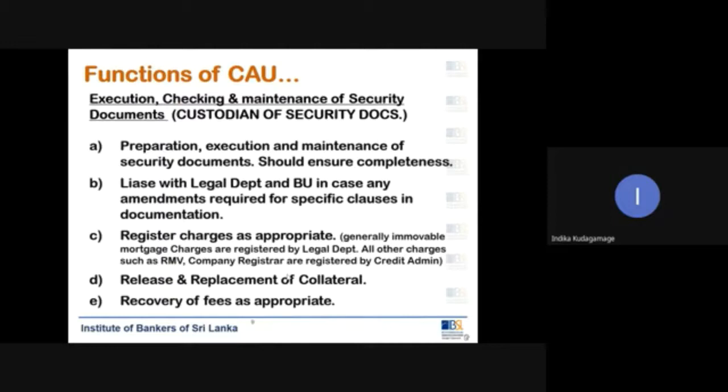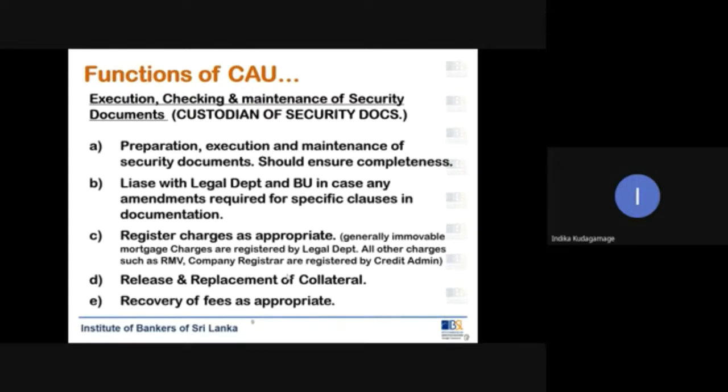Then you need to do the offer letter preparation. Then registration of legal documentation. Normally, legal department does the registration for immovable property. Right? All other security documentation lodging should happen by the CAU department.